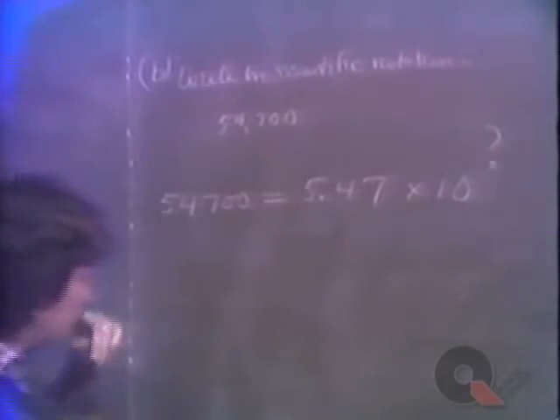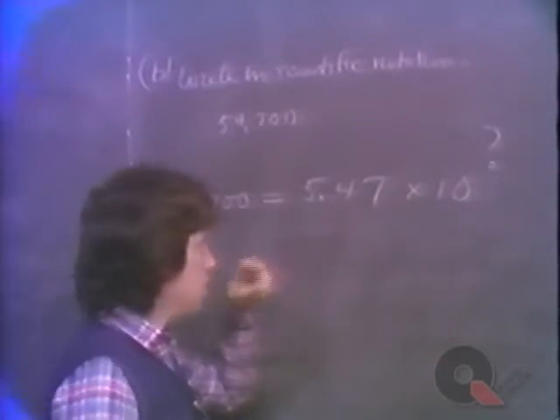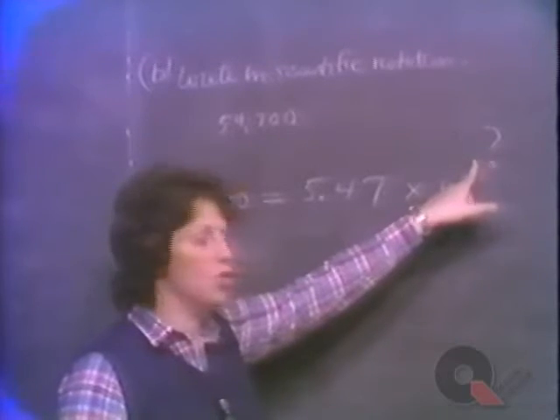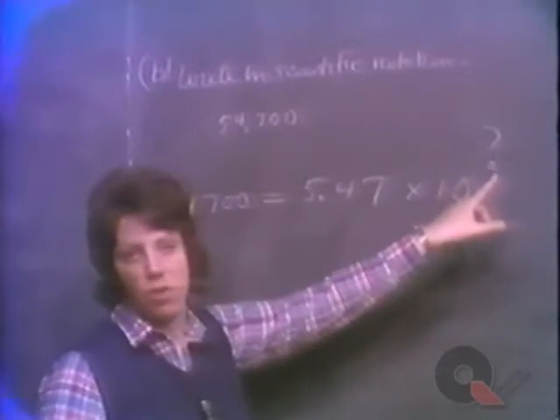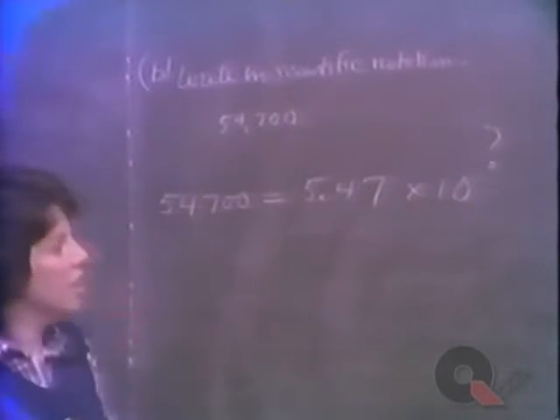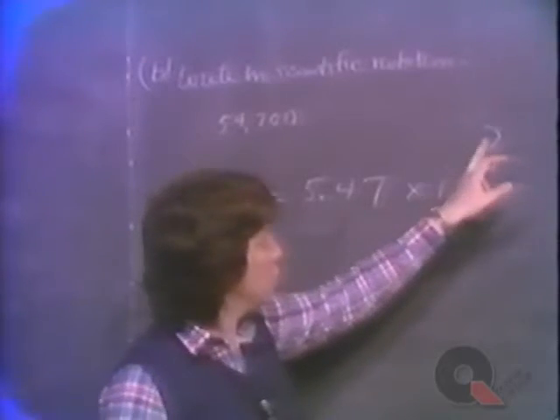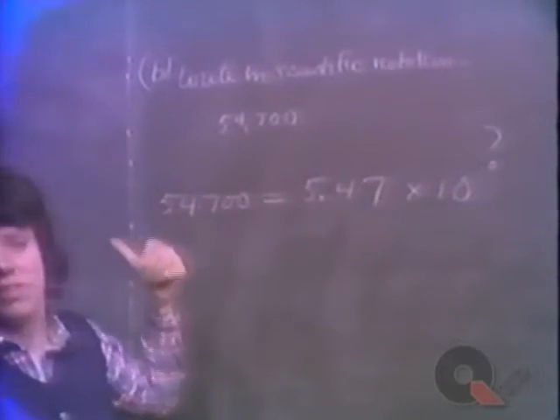Now, when you multiply by 10 to a power, and the power is a positive integer p, that moves the decimal point p places to the right. If it was a negative integer, like -5, we would move the decimal point 5 places to the left.